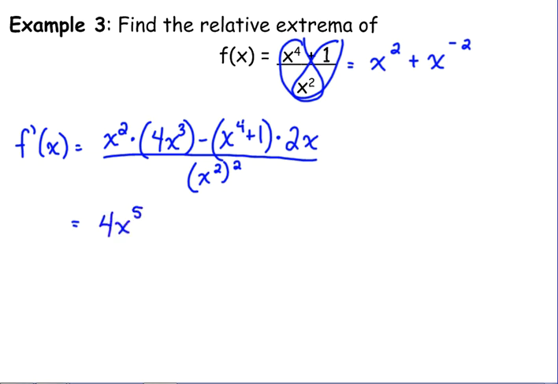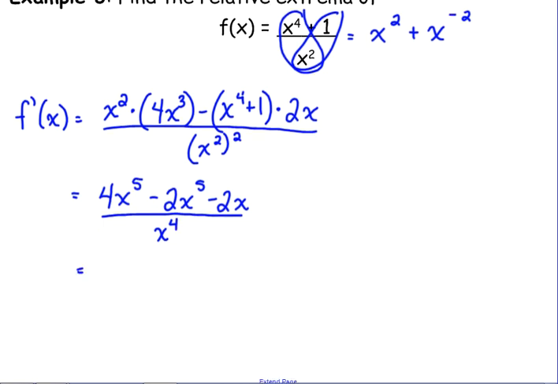Remember your exponent rules, you add those exponents. Minus 2x to the fifth minus 2x. So I just distributed a negative 2x to the x to the fourth plus 1. And that's over x to the fourth. And we can simplify that just a smidge more. 4x to the fifth minus 2x to the fifth is 2x to the fifth.